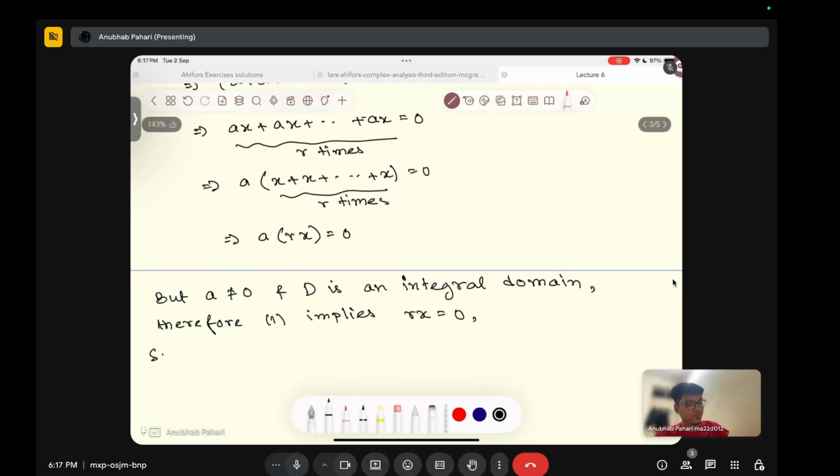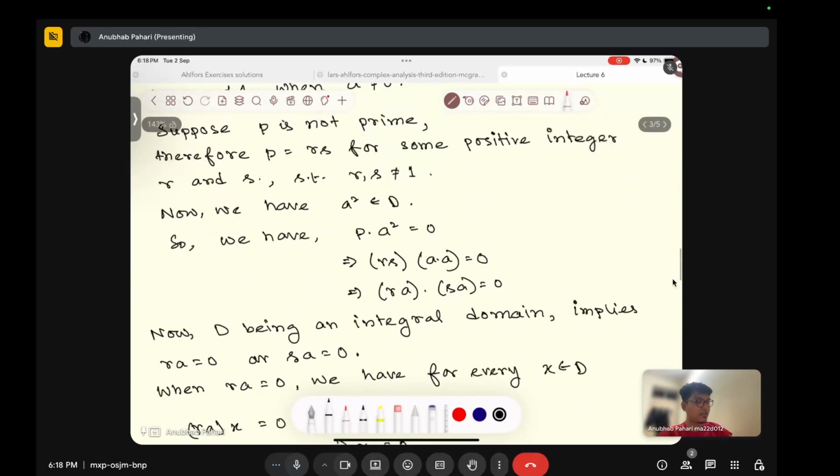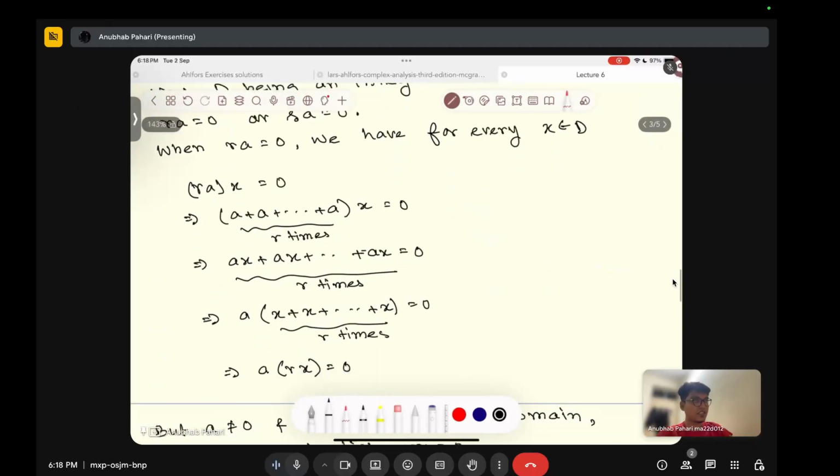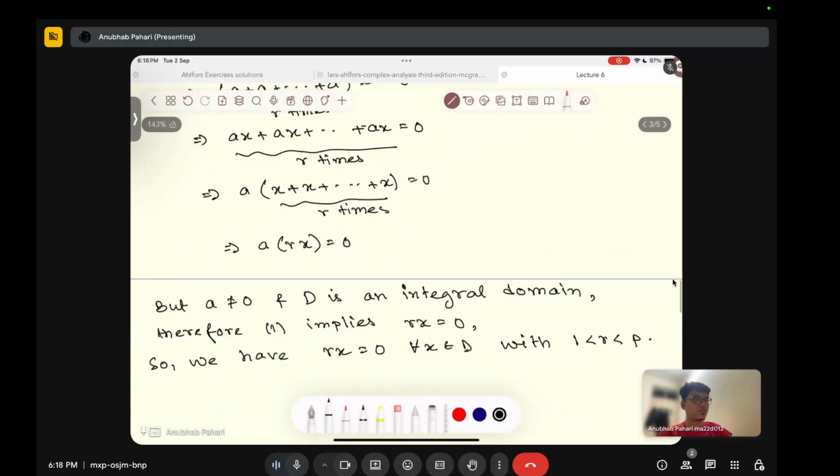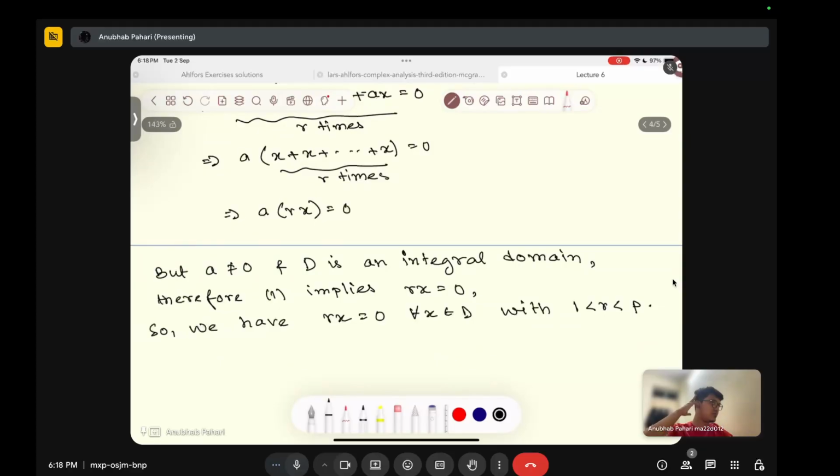So we have that your X was arbitrary. So we have RX equals to 0 for every X belongs to D with R not 1 or P. Because your P was minimal and R is not 1, so this is a contradiction to the fact that you took P as the smallest positive integer.